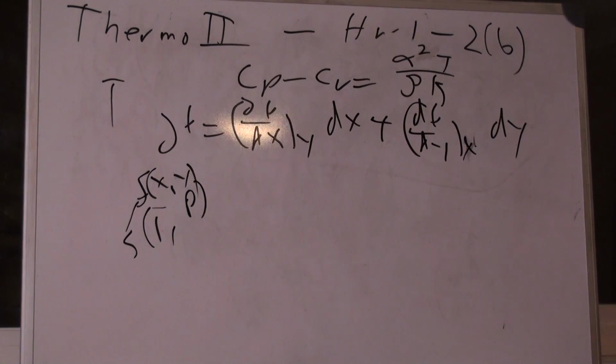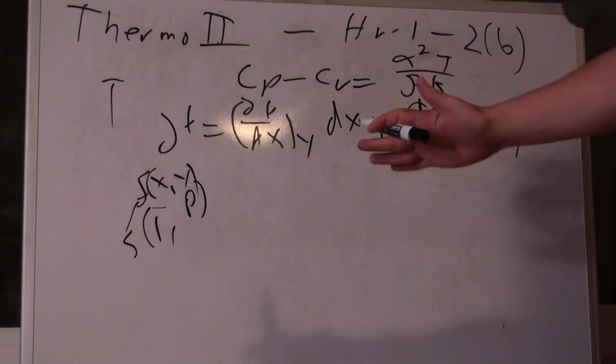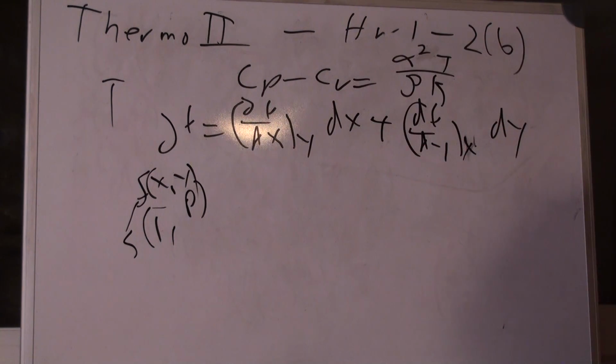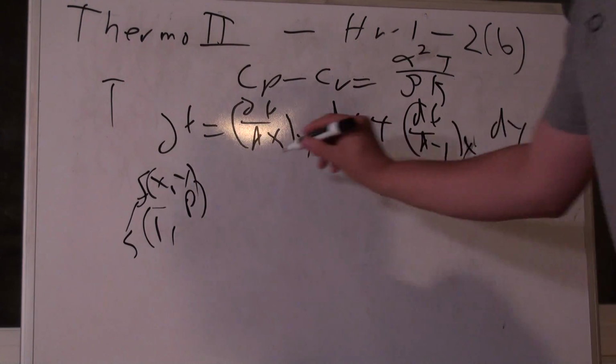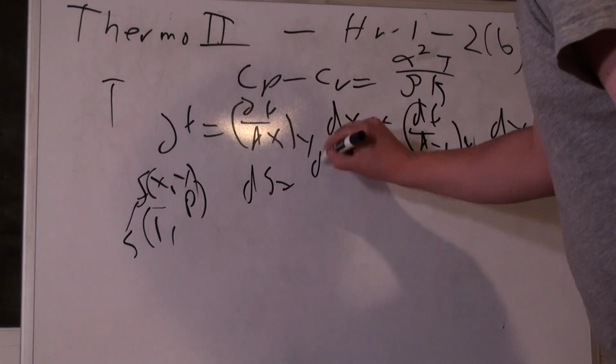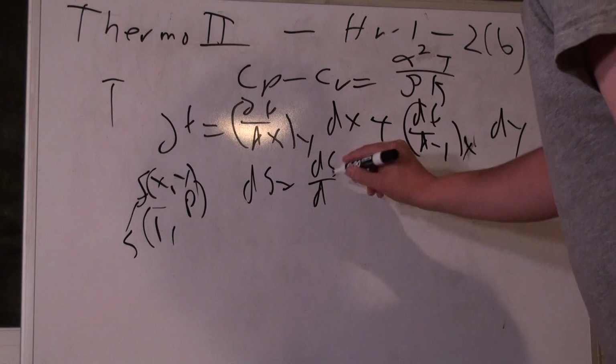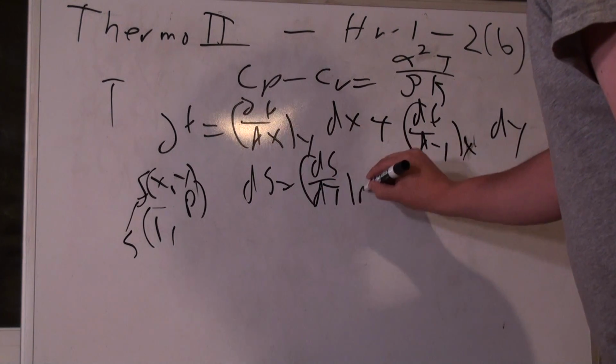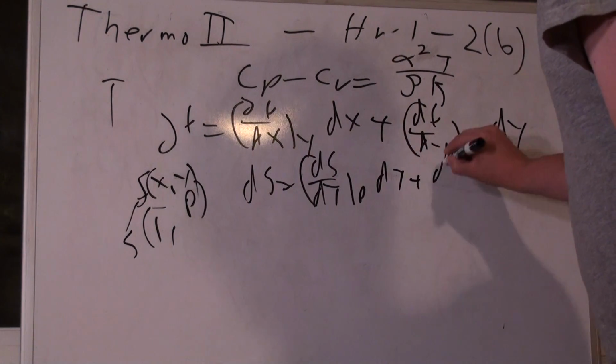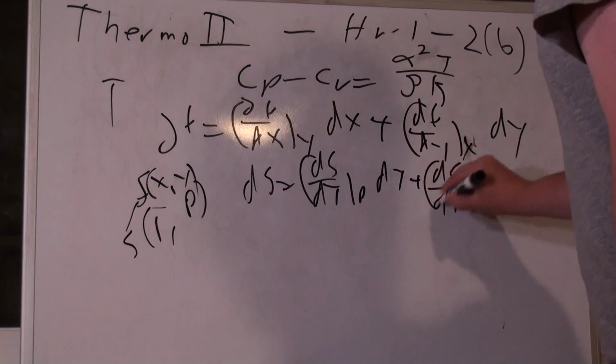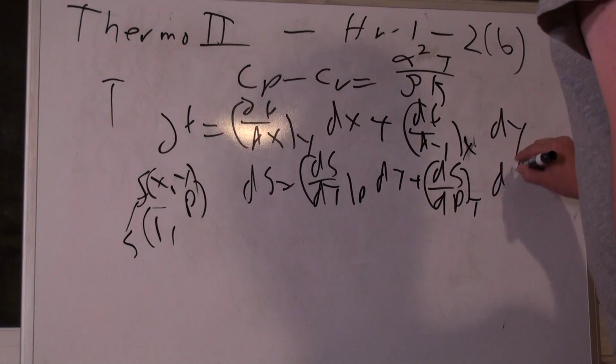I could do this with V and get the same exact answer. So the total differential is S as a function of T and P: dS equals dS dT at constant P dT plus dS dP at constant T dP.